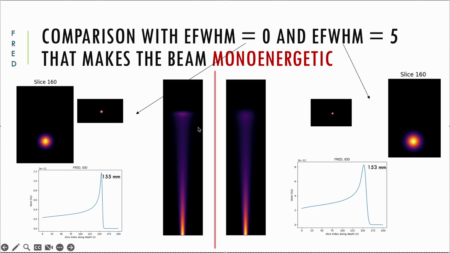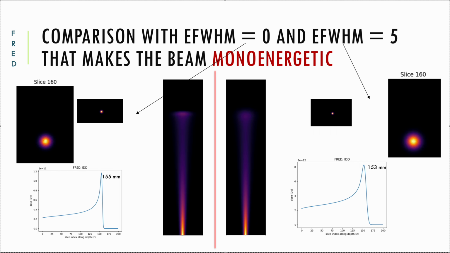And also, as you can see here, we cannot judge it by eye, of course, but its shape is quite different from this one, because monoenergetic beams are very narrow. They have the same energy, and they go through the material and deposit all the energy in a very narrow range.